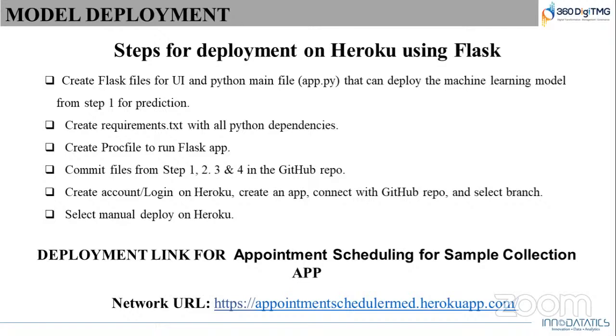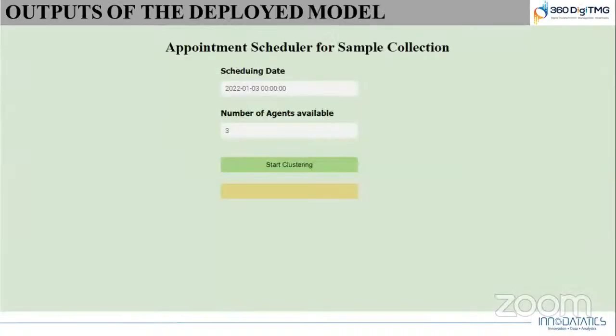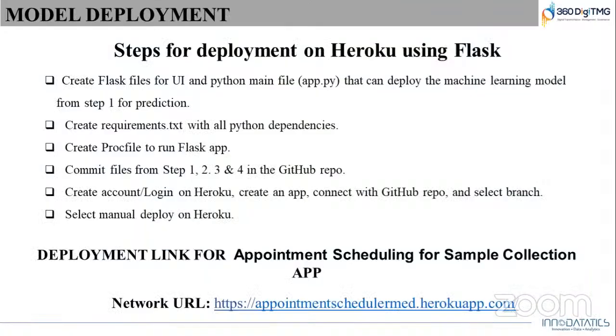Once the application is running perfectly in the local system, we go to deployment. For deployment we usually follow Heroku deployment. In Heroku deployment, the requirements are a requirements text file, which includes all the packages involved with their versions, and the Procfile, which itself says which app should run first.